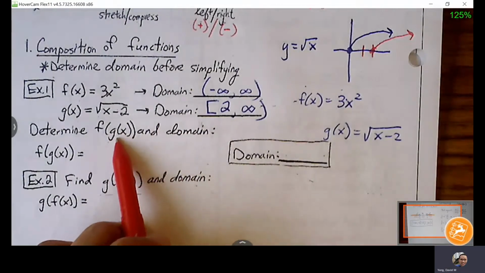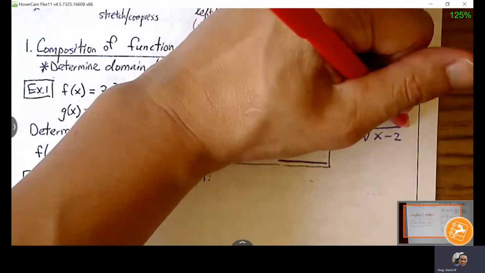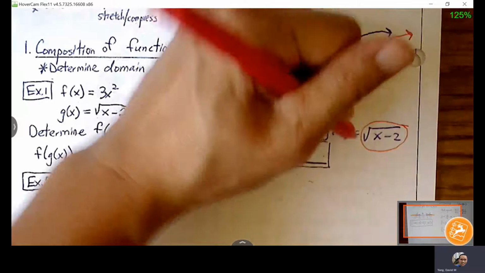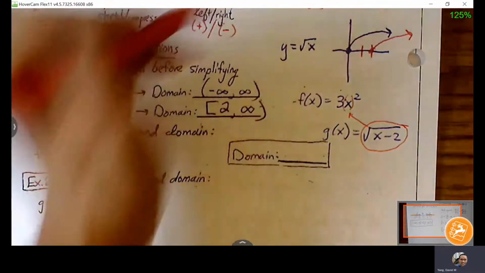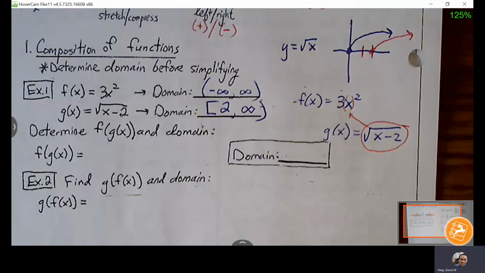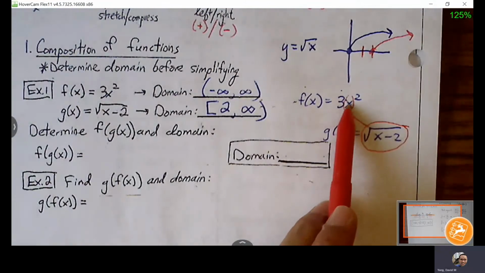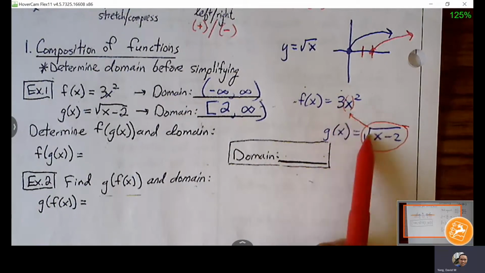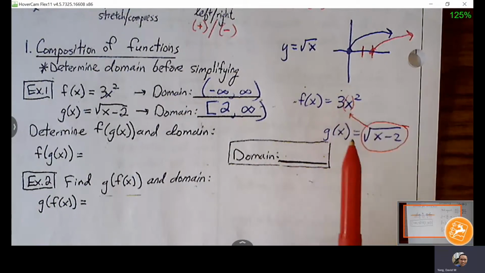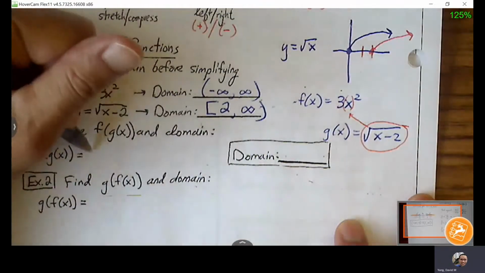See that g of x is inside? I'm going to take everything that's part of my g of x function, and insert it into the x of my f of x. You see that? So imagine leaving a space where that x was, and then just inserting all that into that space. So if I do that, my f of g of x is going to look like this.